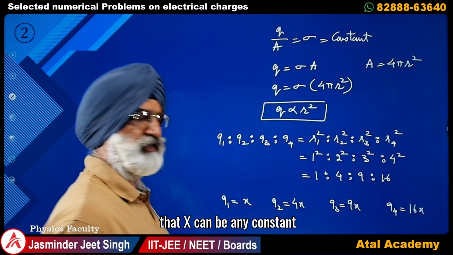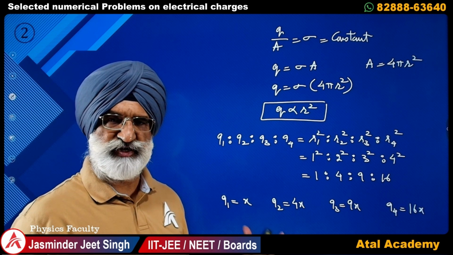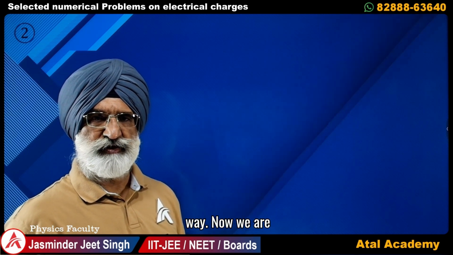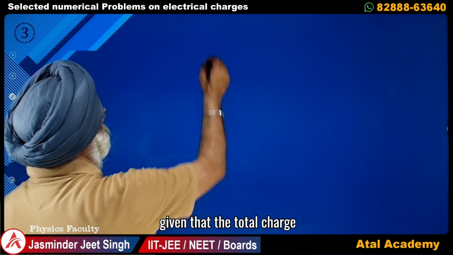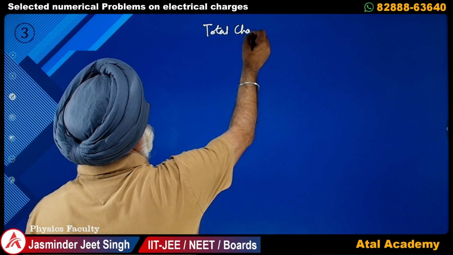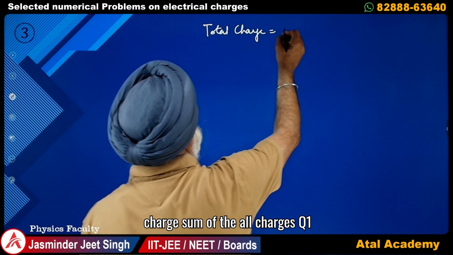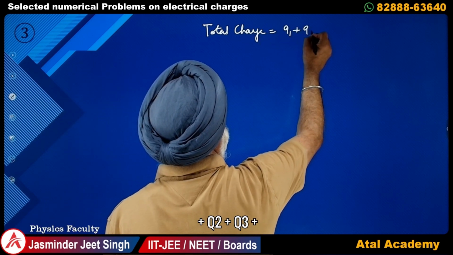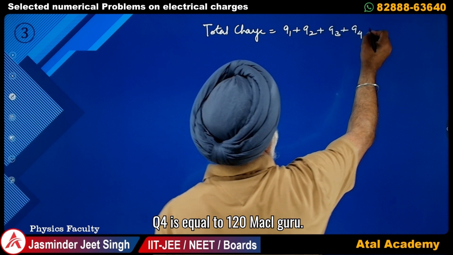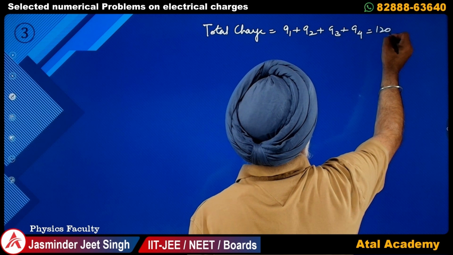We can assume that x can be any charge, and we can find out each sphere's charge in this way. Now we are given that the sum of all charges Q1 plus Q2 plus Q3 plus Q4 is equal to 120 microcoulomb.